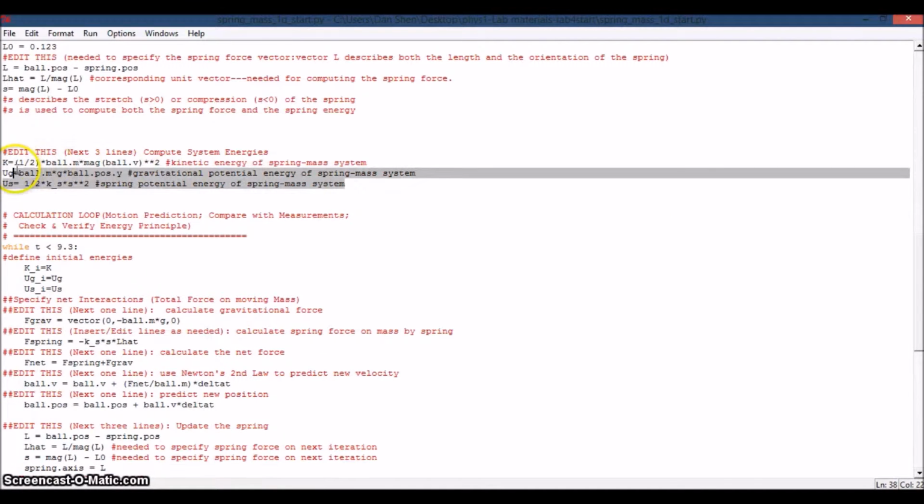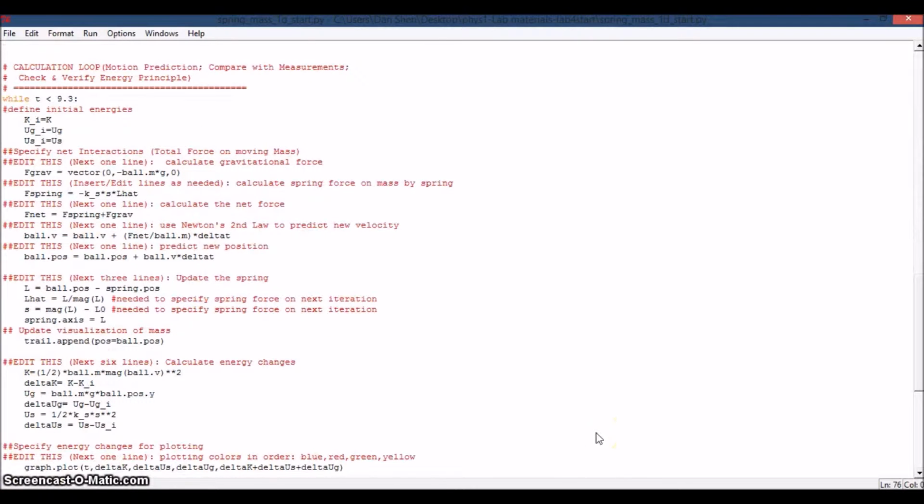Now, these three lines of code help calculate the kinetic energy, gravitational potential energy, and spring potential energy, which I noted before. Now we're going to look at the next part, which is calculation of the net force, which is the summation of the spring force and the gravitational force, in which the gravitational force is always pointing down and the spring force is always pointing in some direction up, mainly at the origin.